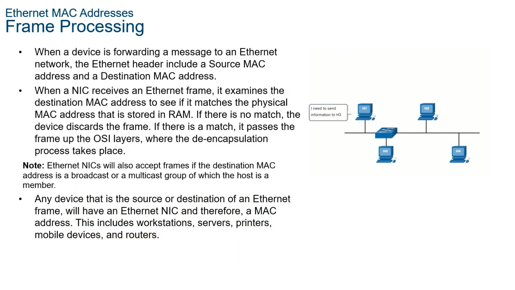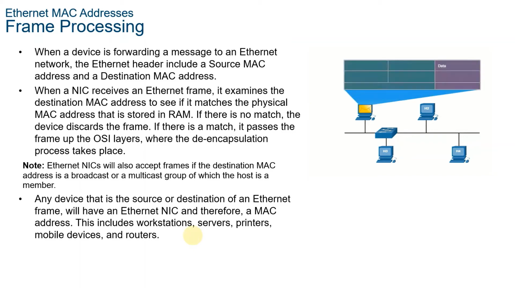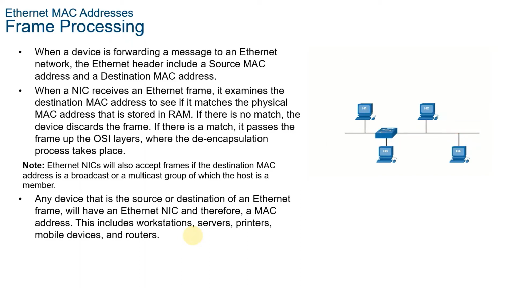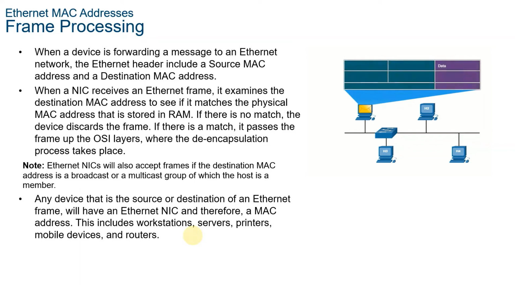All right, so how about frame processing? Sometimes the MAC address is referred to as the burned-in address, or BIA, because the address is hard-coded into a read-only memory, or ROM, on the NIC. This means that the address is encoded into the ROM chip permanently.